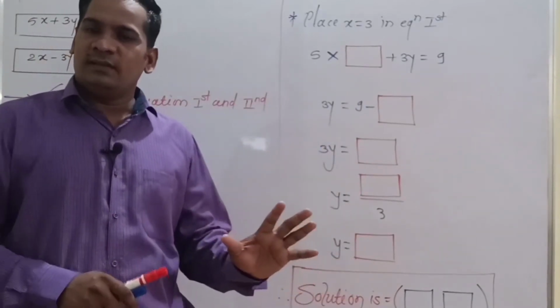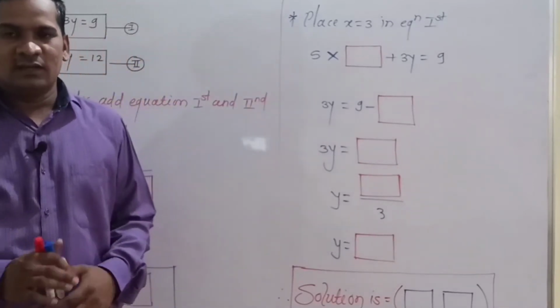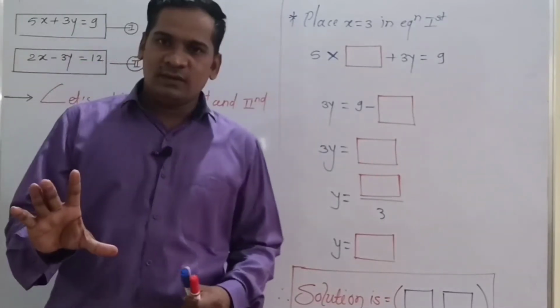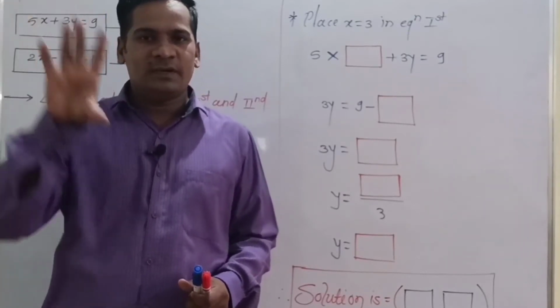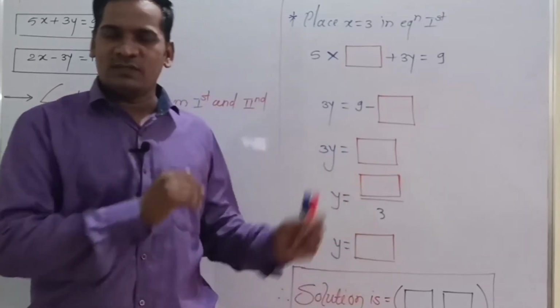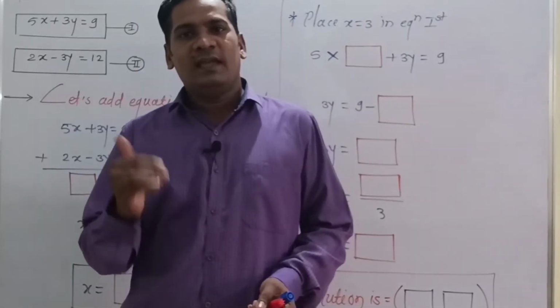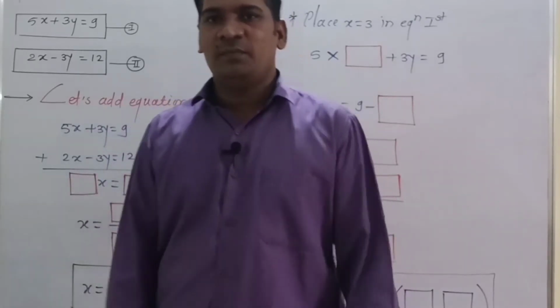So we will use the first method, that is equating coefficients. We have to consider any one variable, and the coefficient of that particular variable should be equal. So let's find out in this equation whether the coefficient of any one variable is equal or not. Here it is, question number 1.